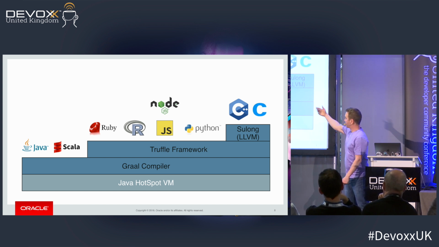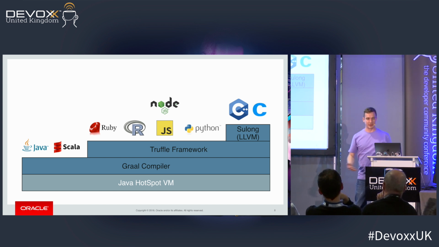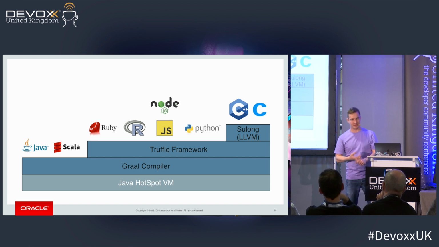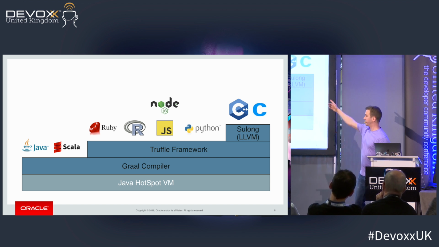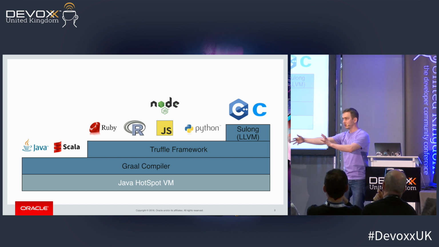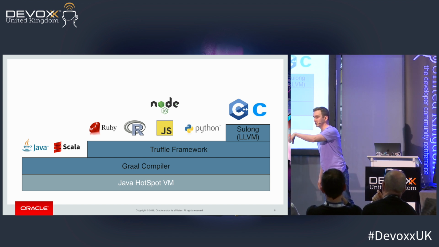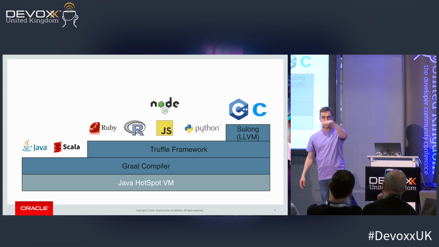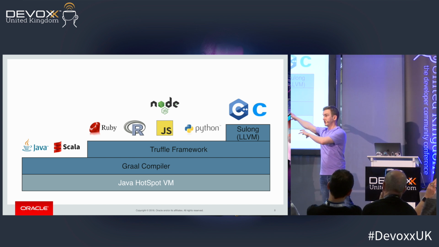So on top of the Truffle Framework, on top of the GraalVM, we implemented Ruby, R, JavaScript, and Python. So to get Node integration, we took the actual Node, took the V8, the virtual machine for running JavaScript that's normally in Node. We took it out, and we put our JavaScript engine into Node. Right? That's how we can run Node applications.